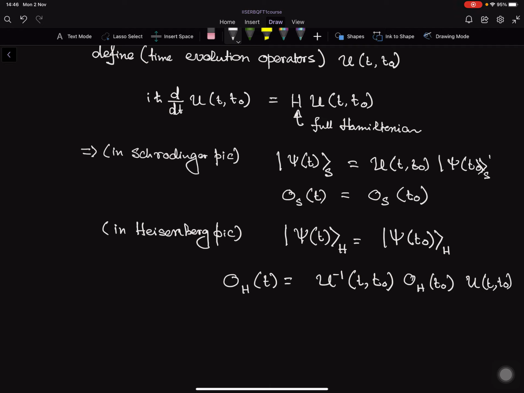Okay, so this is the utility of the time evolution operator.